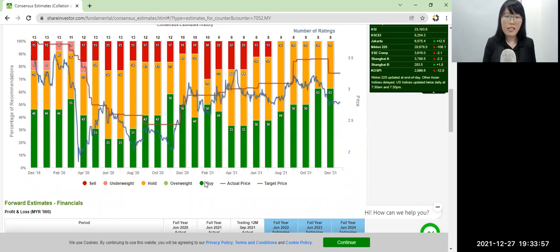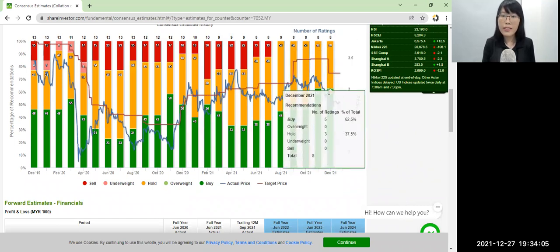While green is ask you to buy. So based on this consensus estimate, you can see that more than 62.5% ask you to buy on the bank, and 37.5% ask you to hold.